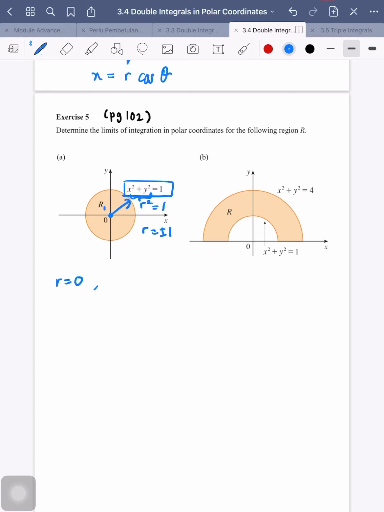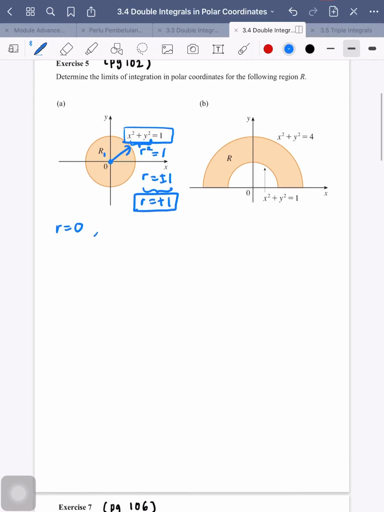In this syllabus, just choose the positive one, because positive or negative in polar is actually the same; negative only represents reflections. I don't want your region to be redundant, so choose only the positive for polar in this subject. So you will have r equal to 1 at the outside.